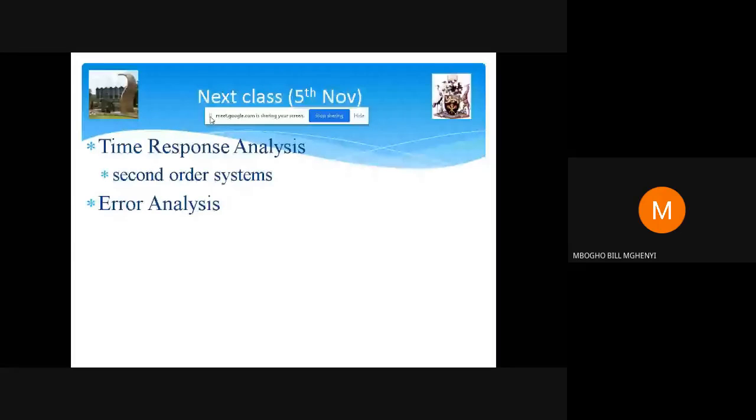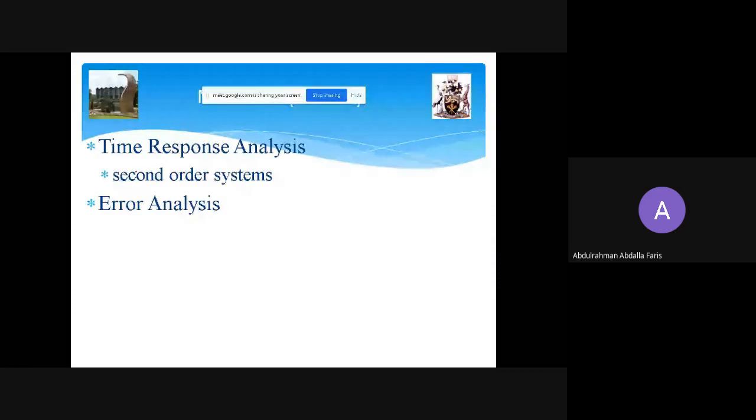Okay. So today what we did, we showed standard forms and then test inputs, different types of test inputs or input signals, and then we went on and discussed the definition of time response.